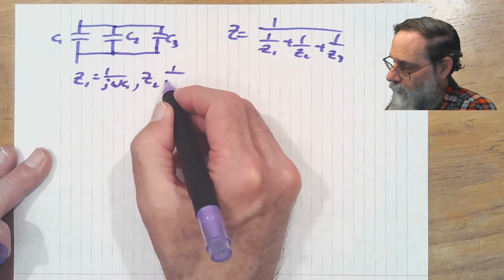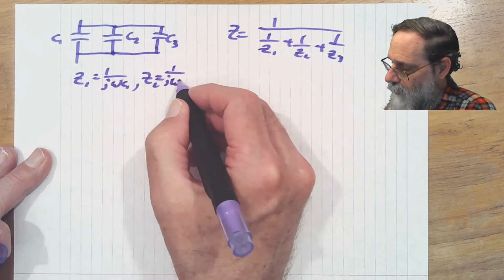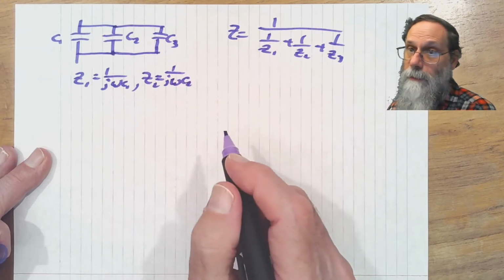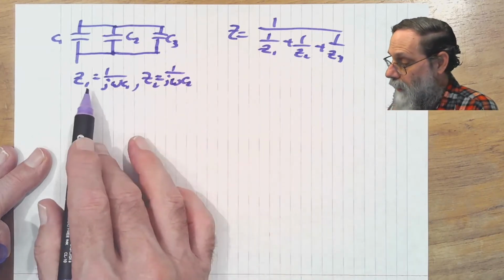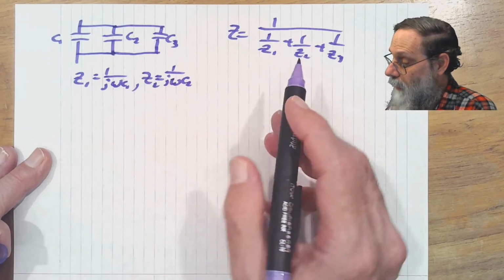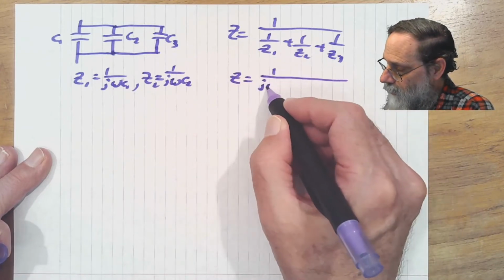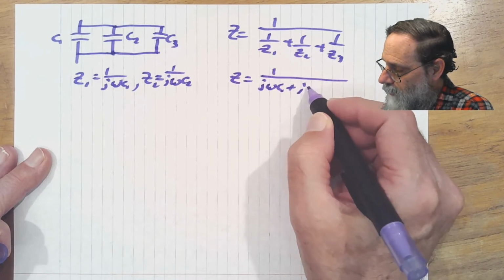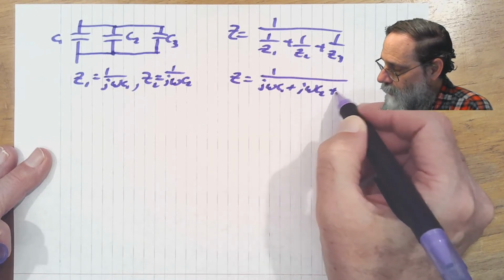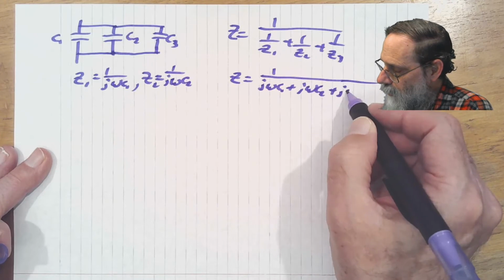Z2 is 1 over j omega C2, and so on. All right, we can take these formulas and stick them in there and get that Z equals 1 over j omega C1 plus j omega C2 plus j omega C3.